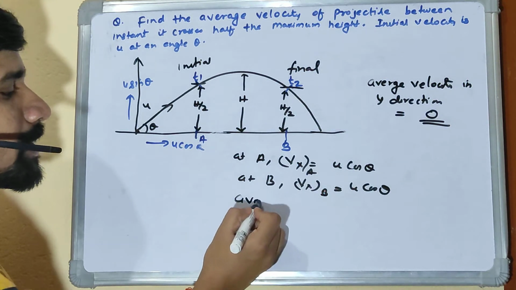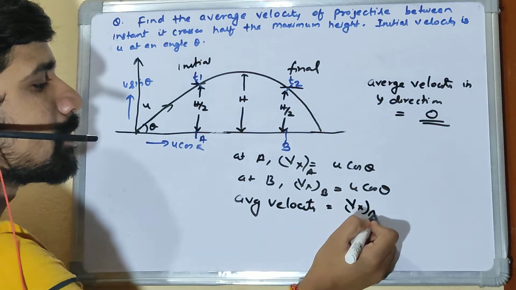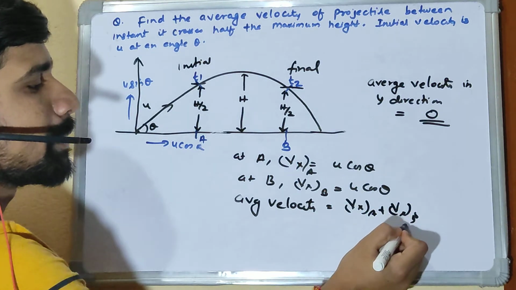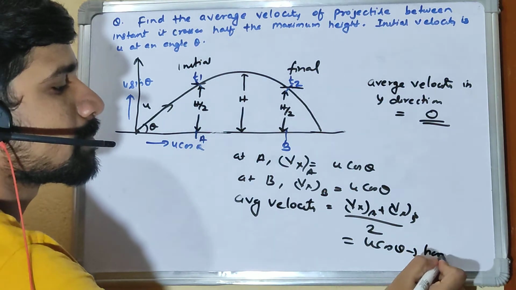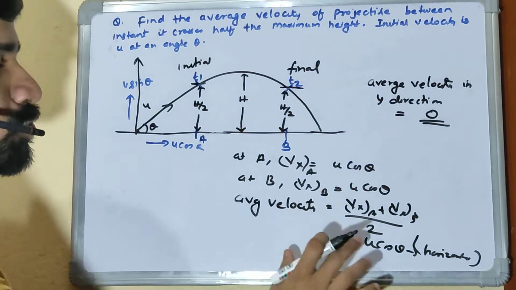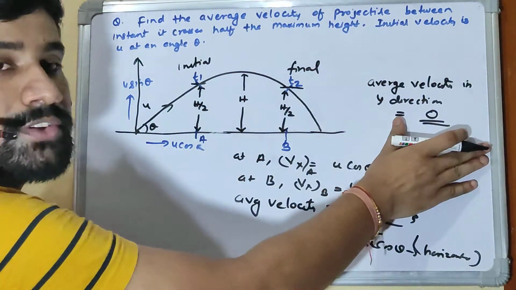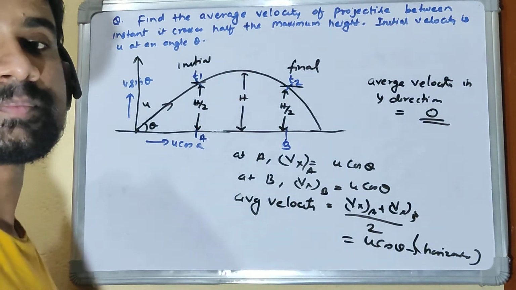So average velocity will become vxa plus vxb by 2, which becomes u cos theta along horizontal. So net average velocity between these two intervals is u cos theta along horizontal. There is no average velocity along y direction because it is at the same level vertically.